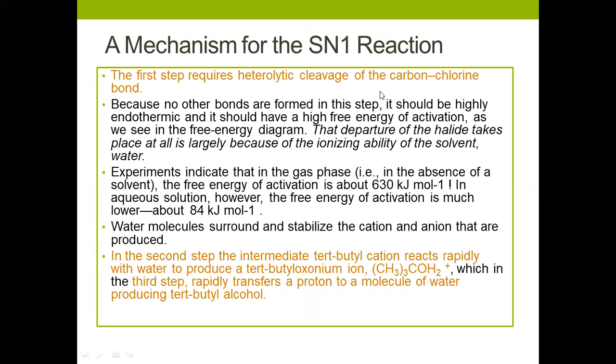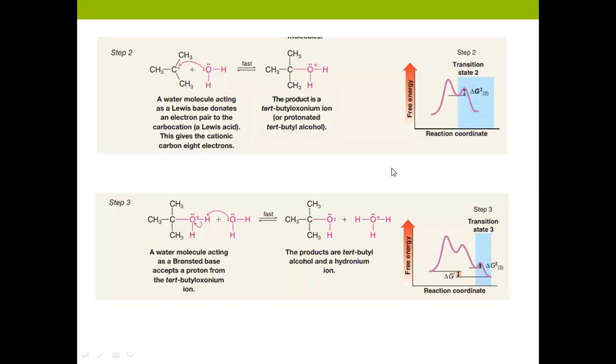The leaving group will leave the substrate. And the second step is the production of your tert-butyl oxonium ion, the one where the OH is protonated. We call it protonated alcohol, this one.